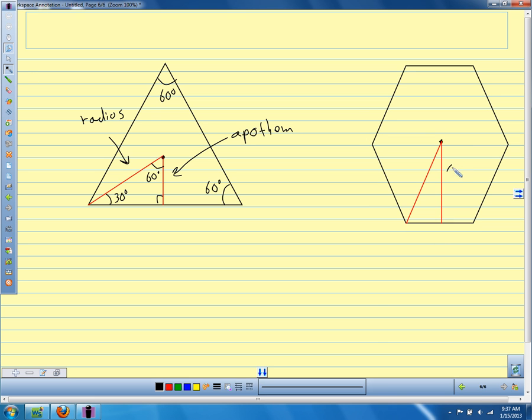This is the apothem. In a regular hexagon, this is a 30, 60, 90 triangle also. So for each of these problems at the very end of your homework, you're using your rules for 30, 60, 90 triangles to figure out parts of these little red triangles.